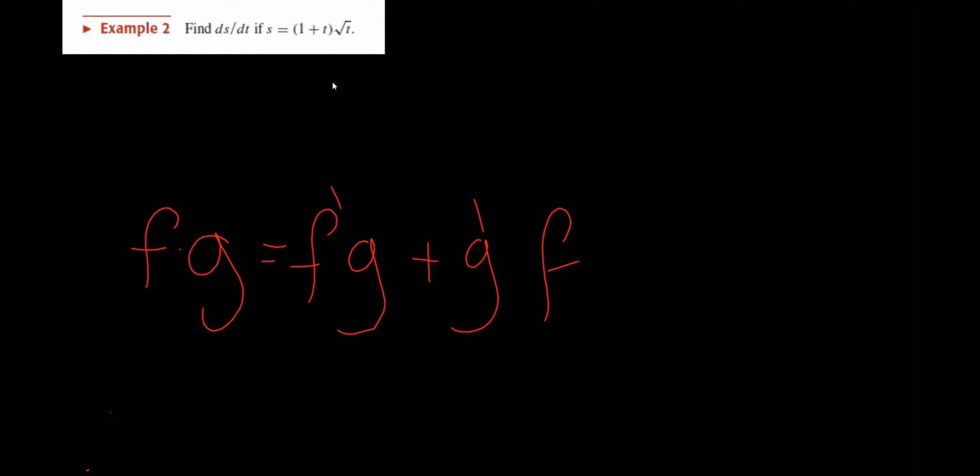Now, how can we solve this type of derivative? Like this one here that we stopped on yesterday. Find ds over dt if s is 1 plus t times square root of t.